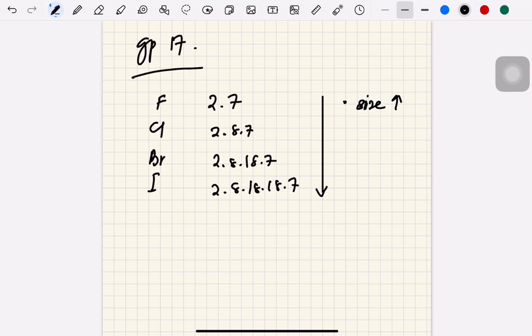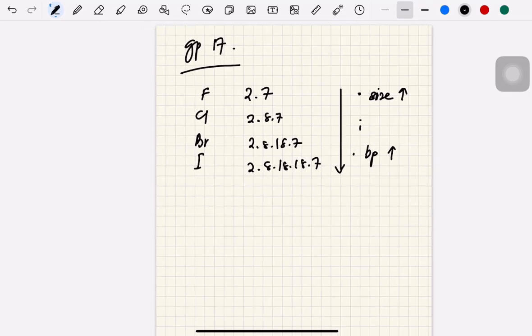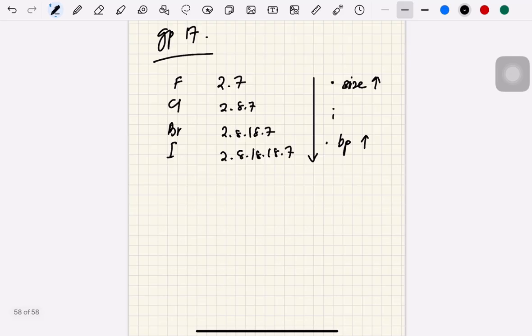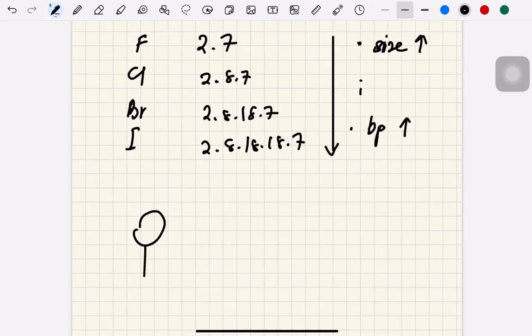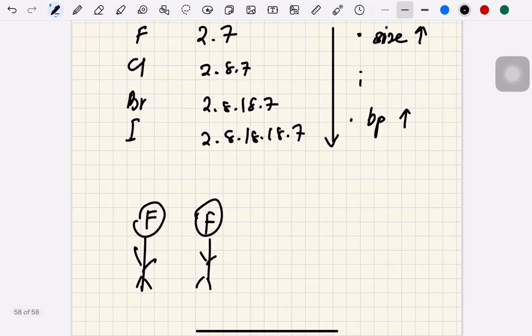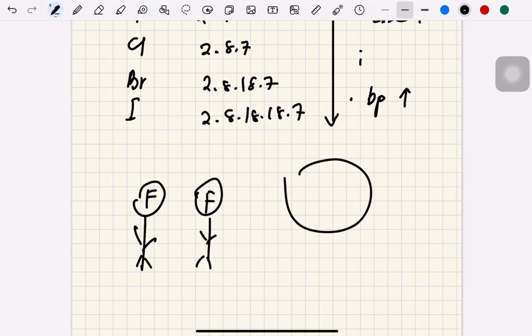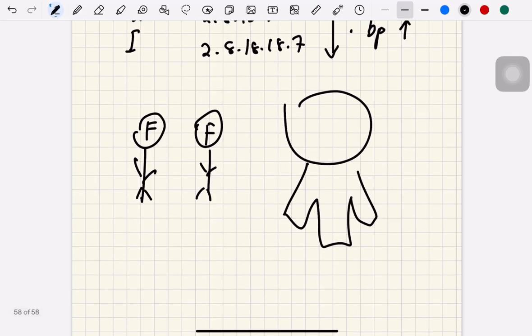I'm going to go straight to the melting point and boiling point. You can see the boiling point increases. Why? Okay, so we draw fluorine. Fluorine is small, and iodine is big. But then you see, I'm going to draw big head, big body, big head, big body.